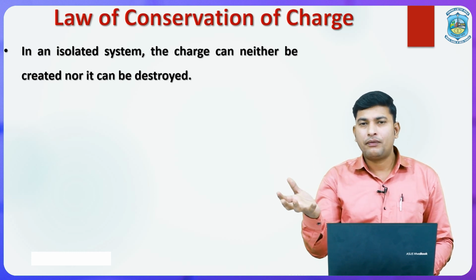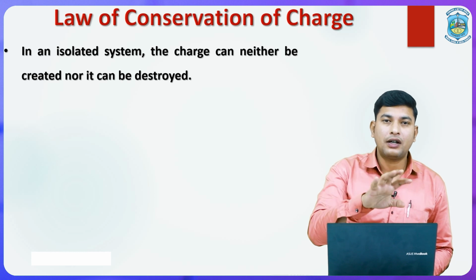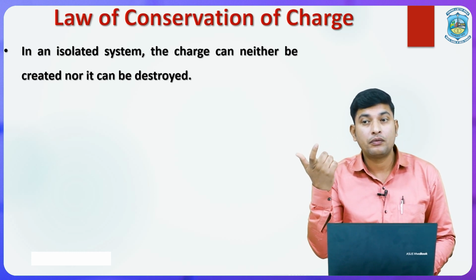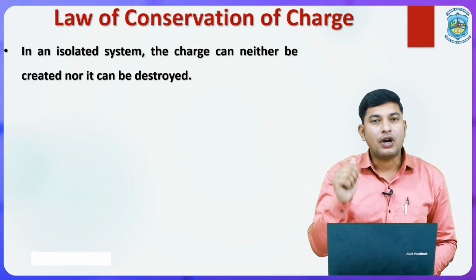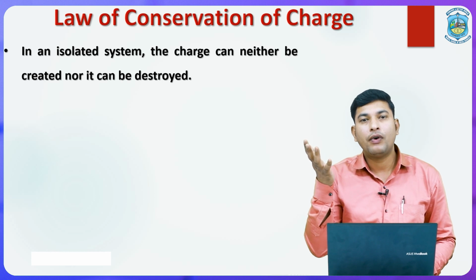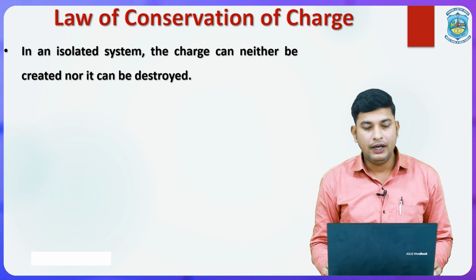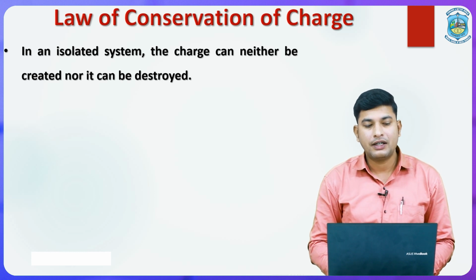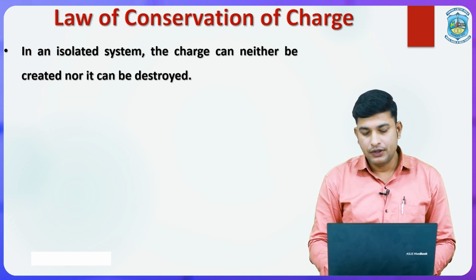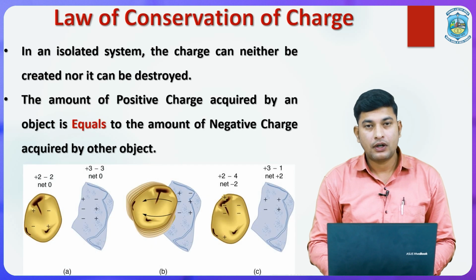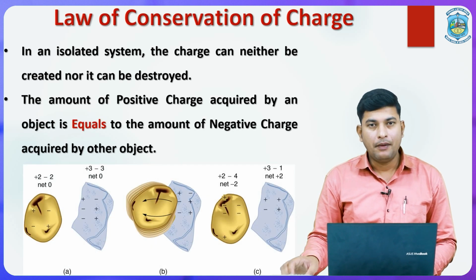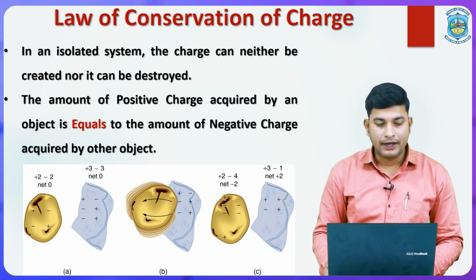Charge can transfer from one object to another object, just like energy can transform from one form to another form. So in an isolated system, charge can neither be created nor destroyed, and this is the law of conservation of charge. I will explain it with some examples.